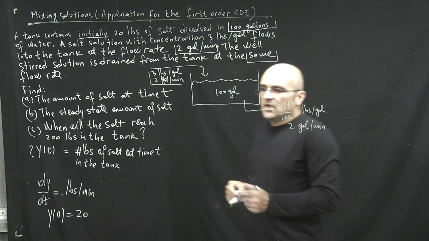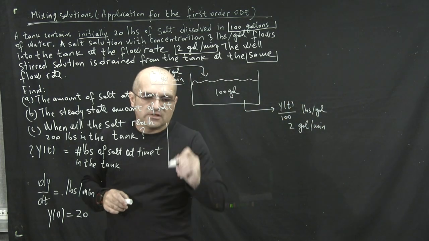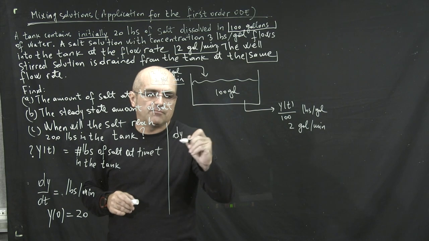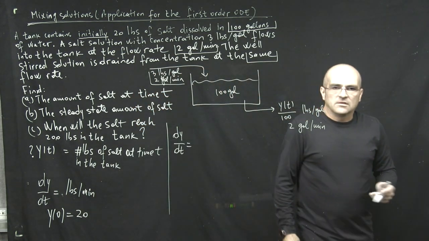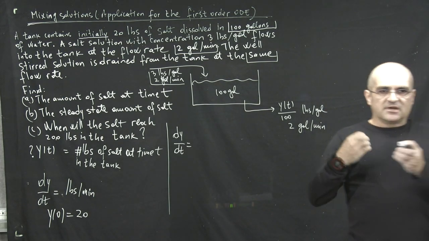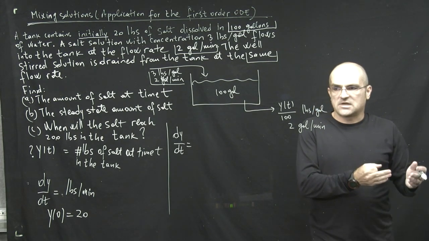All right, so how do you write the differential equation for the change of the salt in the tank? Well, you write plus whatever comes in and minus whatever comes out.